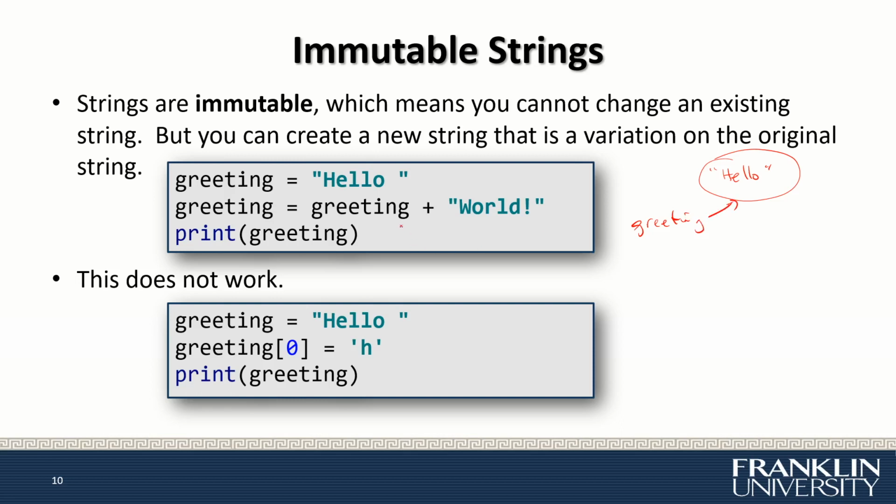When you say greeting equal to greeting plus " world", you actually create another string, in this case "hello world", and then greeting is now pointing to this one, and the old data will get garbage collected, removed from memory.